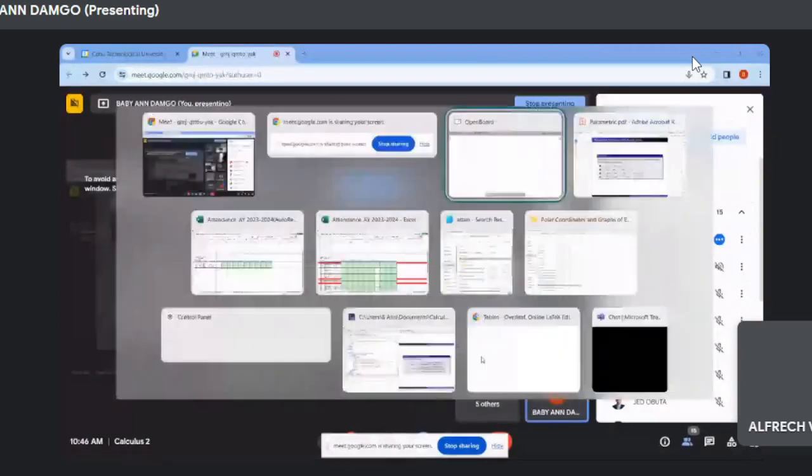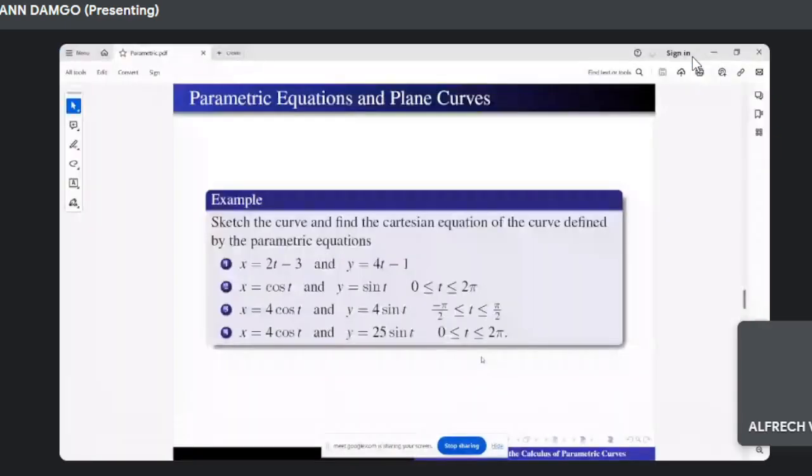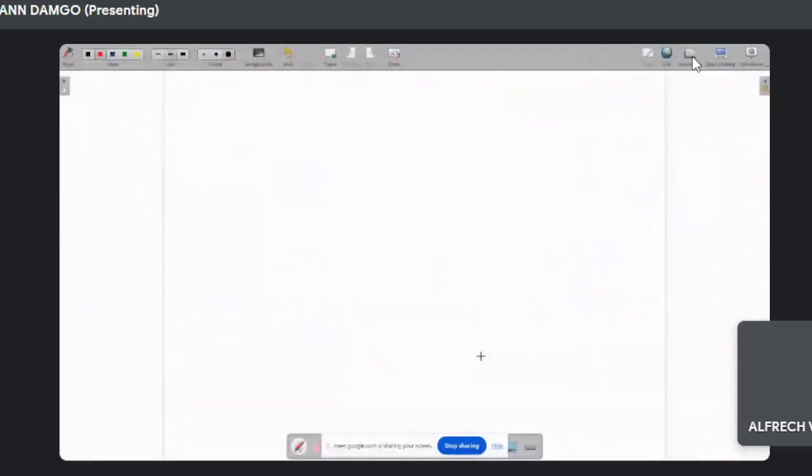We have x equals 4 cosine t, and y is 25 sine t. So t is between 0 to 2 pi.